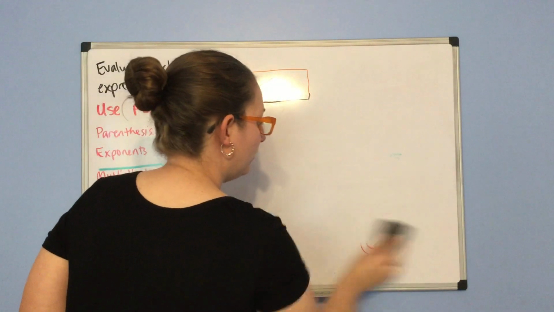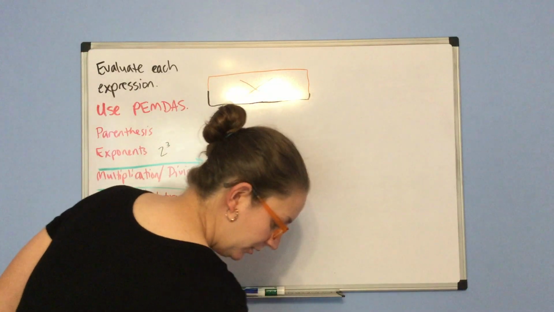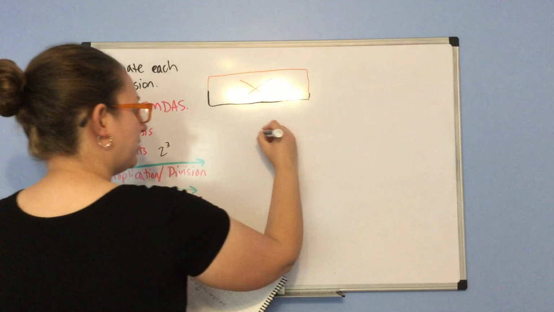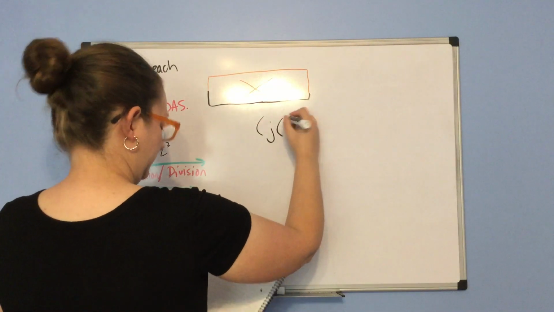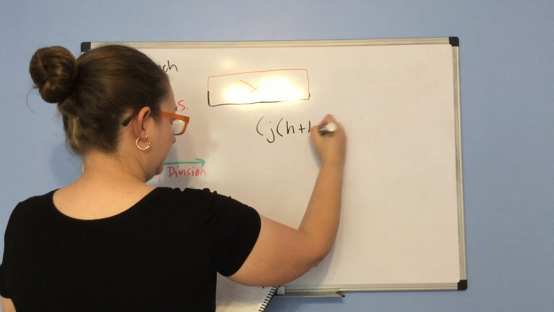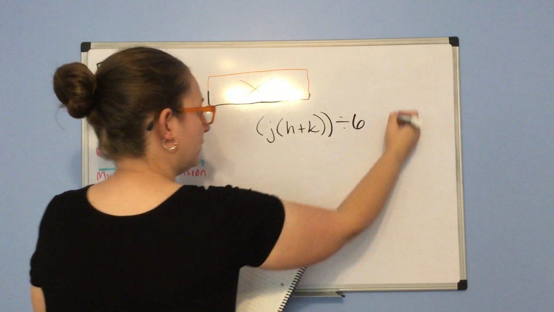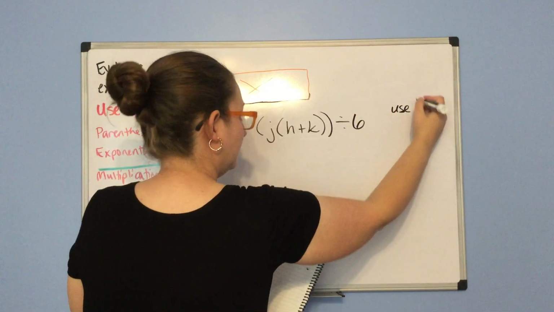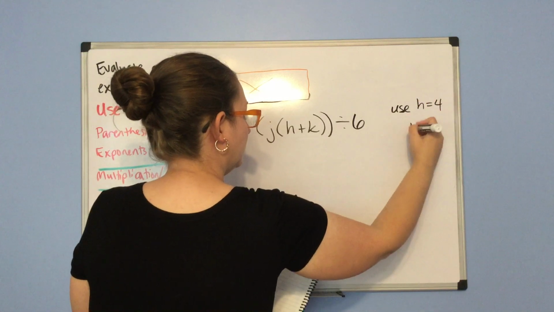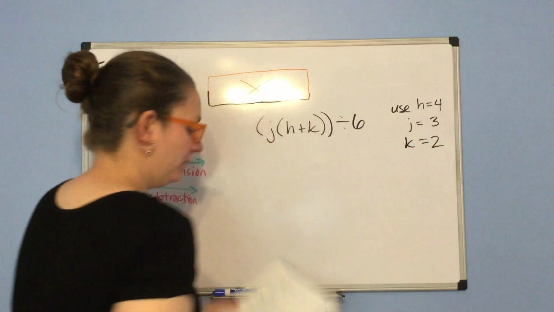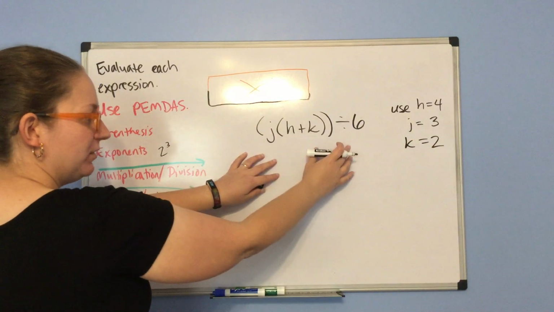Now the next few problems that we are looking at are going to look a little different because we are going to start off with a bunch of variables. Okay, so they give us this lovely expression right here.